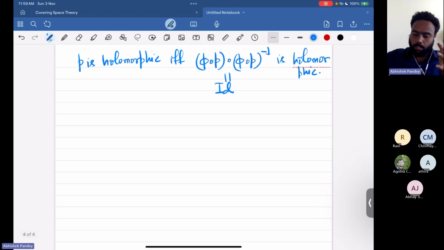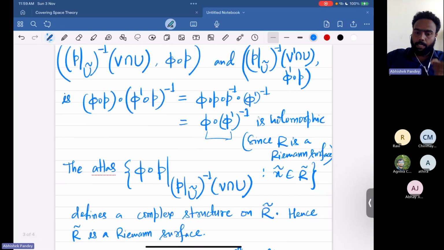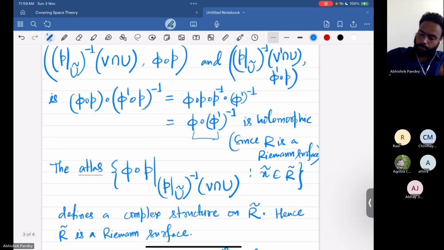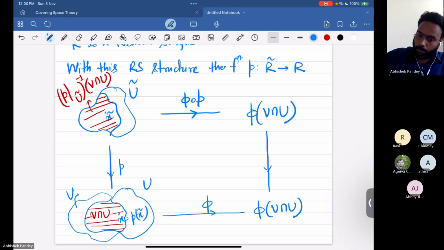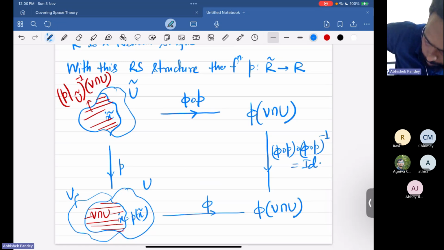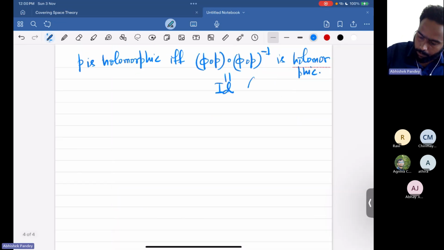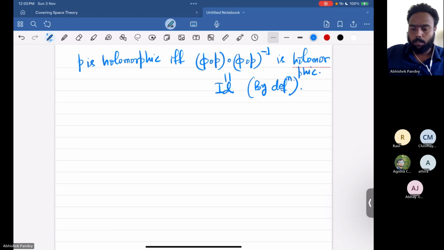So with this Riemann surface structure, our map P is holomorphic. So basically, this is again phi P intersection U and phi. This is nothing but phi composition P, composition phi composition P inverse, which is nothing but the identity. So this is just by the definition of holomorphicity. So I hope it is clear now.